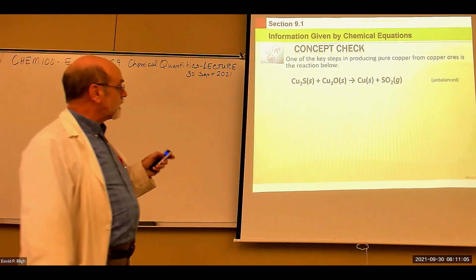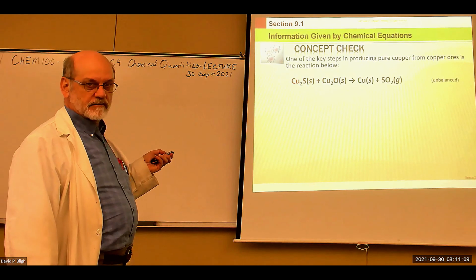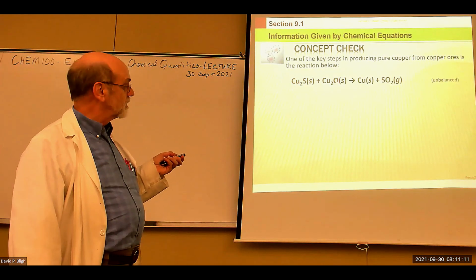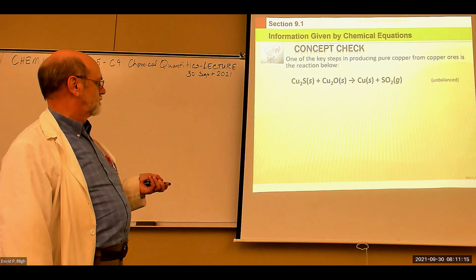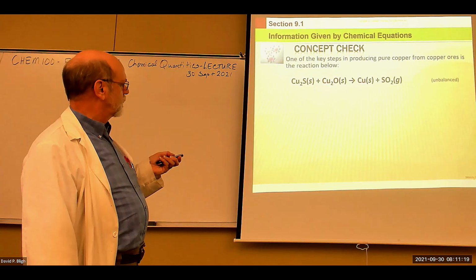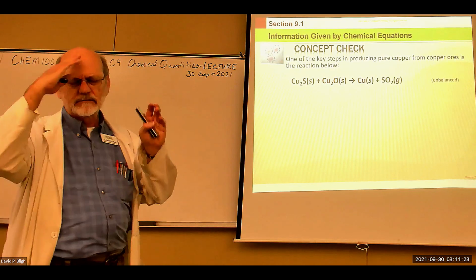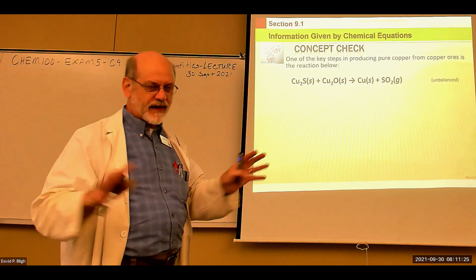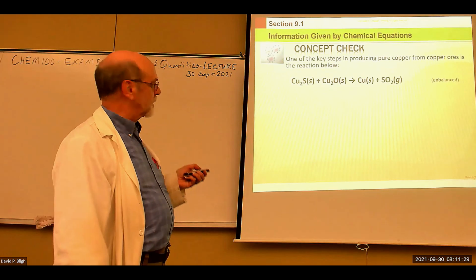But the reason it's written that way is because this copper gains electrons and this copper loses electrons. Well, no, that's not true, because they end up in the same place. Oh, I'm sorry. Forget that. My eyes were playing tricks on me.